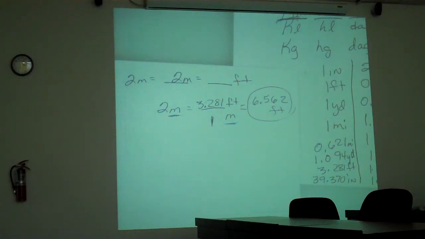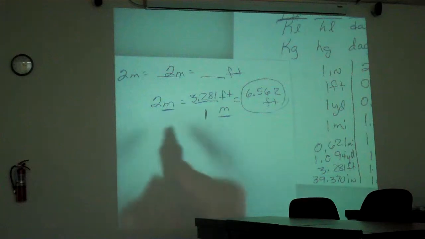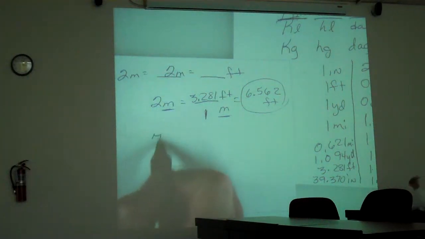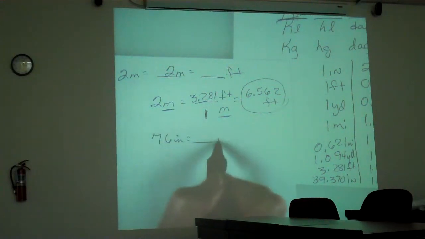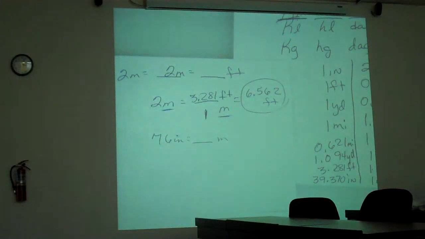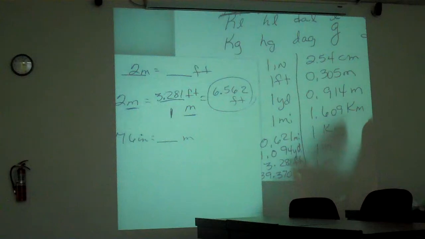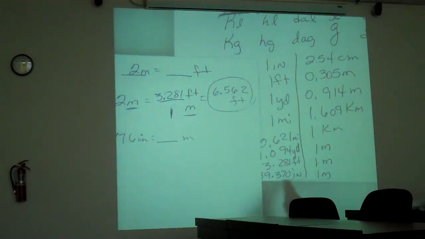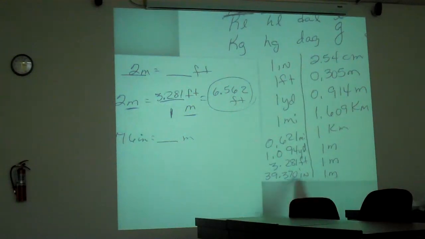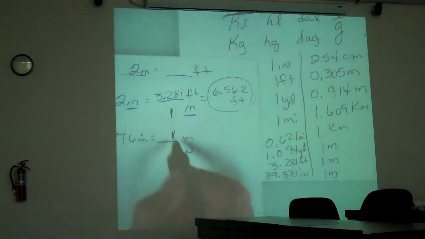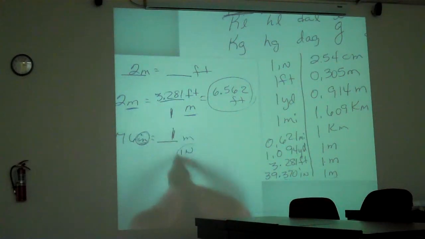Okay, let's do another one. Let's do something in inches to meters. 76 inches is how many meters? Okay, that was one that we couldn't choose, right? Inches and meters, you have to use this one, don't you? So put the inches on bottom. 1 goes with the meter. Inches go to the bottom because it's on top there.